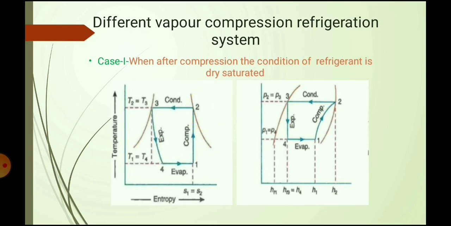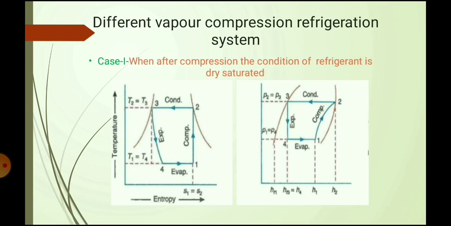Okay, then the process 1-2 is isentropic. Then we have to draw the vertical line from the point 2. Then it will come in the wet region. That means point 1 is in the wet region, and at point 1 the refrigerant is a mixture of liquid and vapor refrigerant.